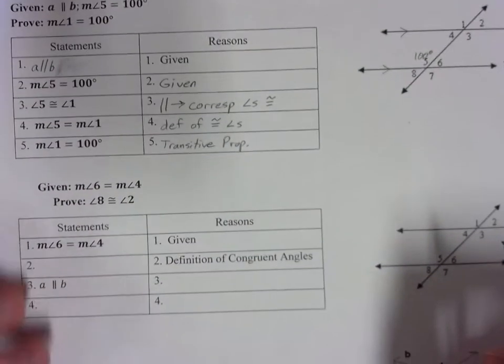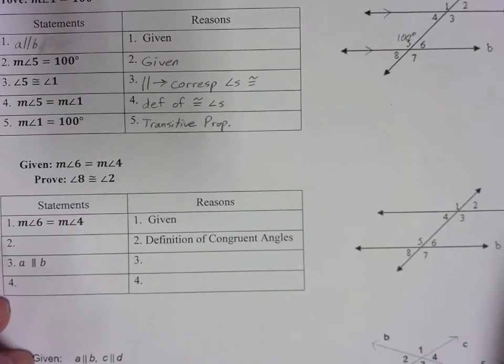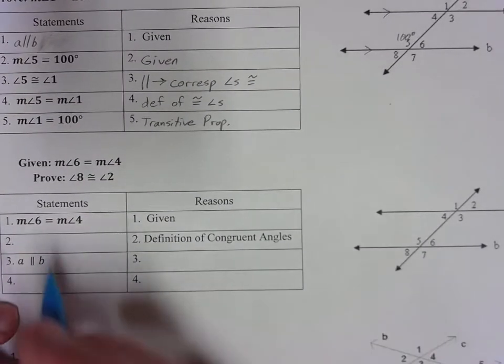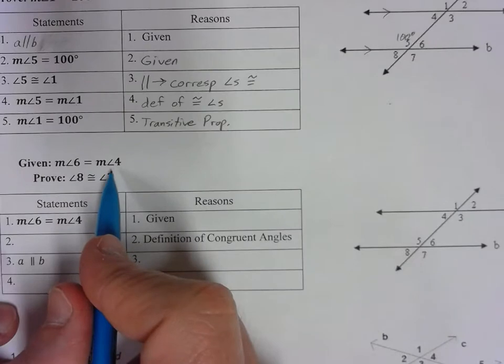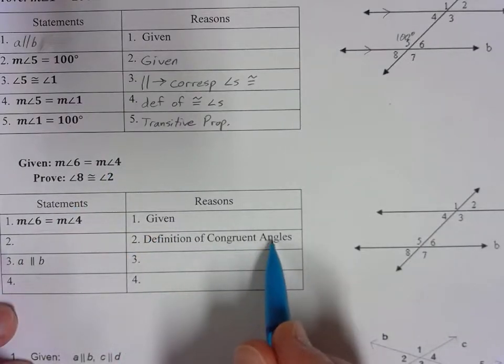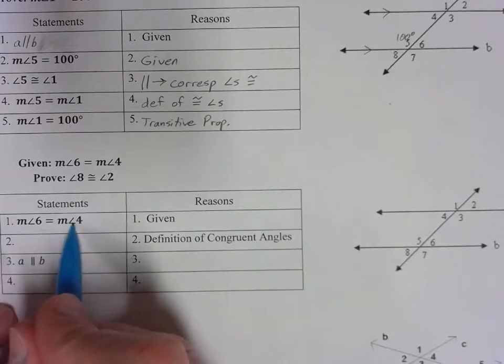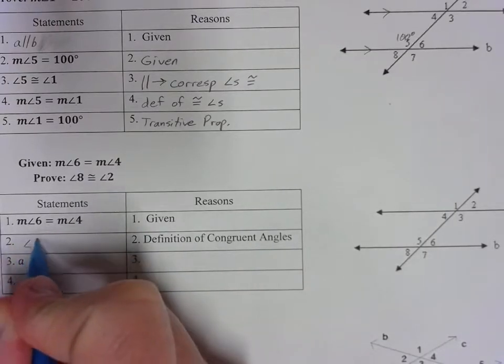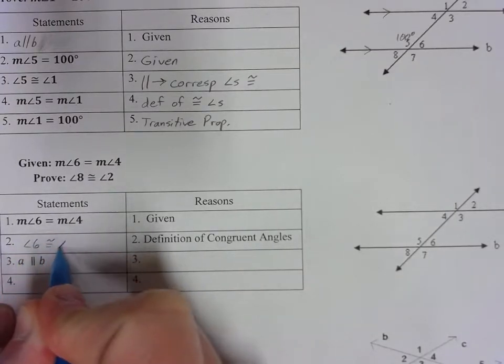Okay, next proof. We're given that measure of angle 6 equals measure of angle 4. That's the first line. Definition of congruent angles says if I have measures that are equal, then the angles are congruent.